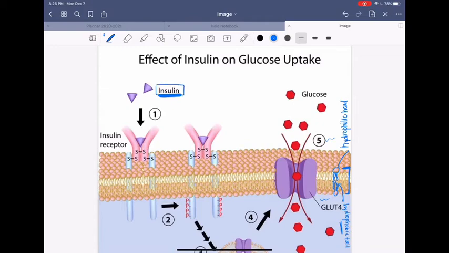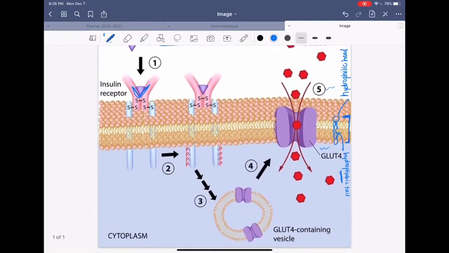All right? And so the insulin binds to an insulin receptor. And that insulin receptor causes, there's a pathway that happens here that causes these GLUT4 containing vesicles. So what GLUT4 is, it's a glucose transporter. Okay?